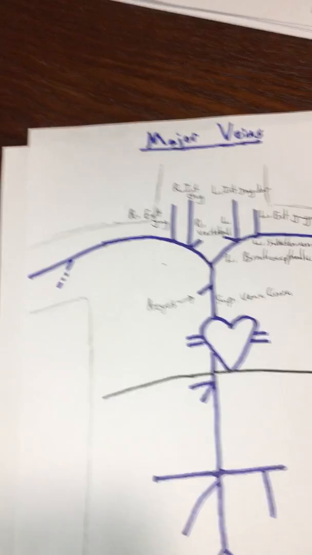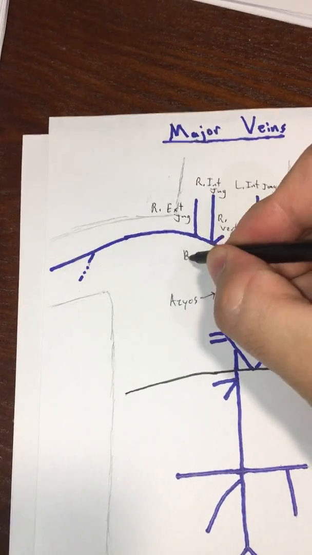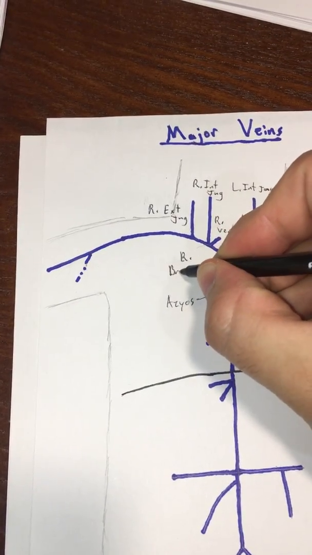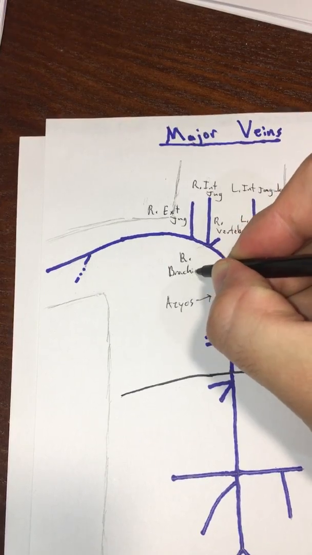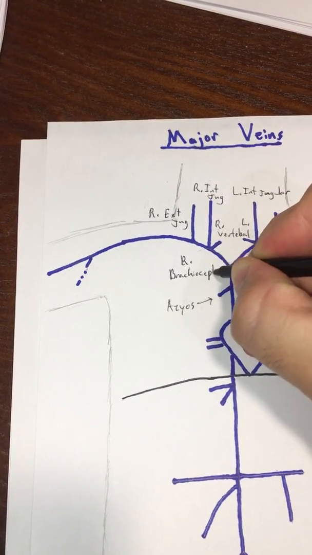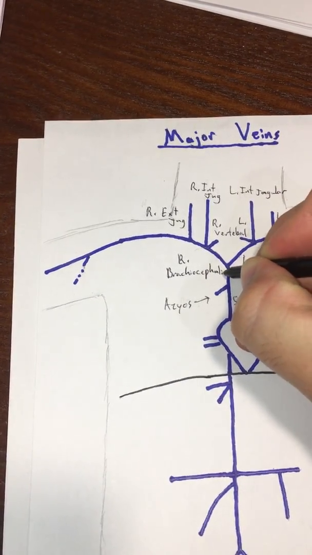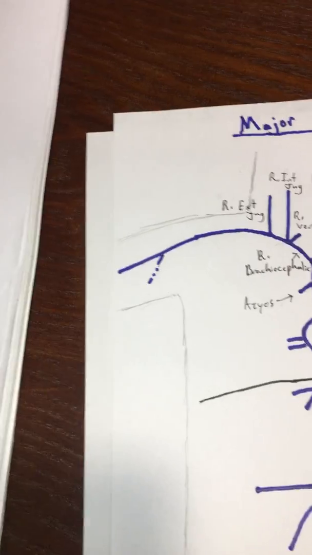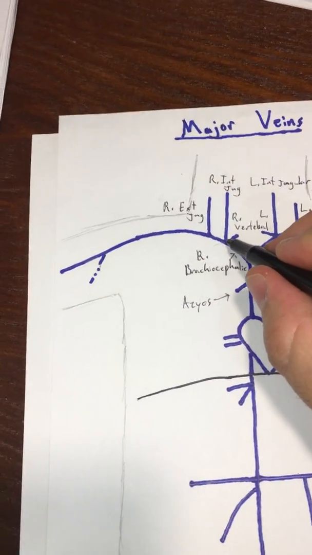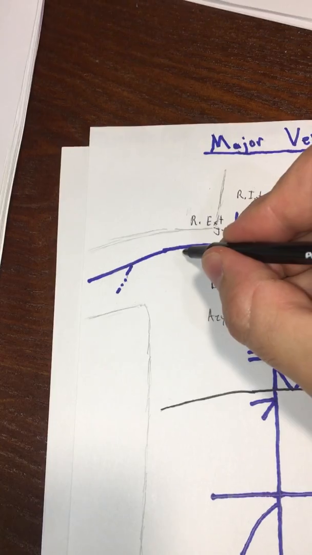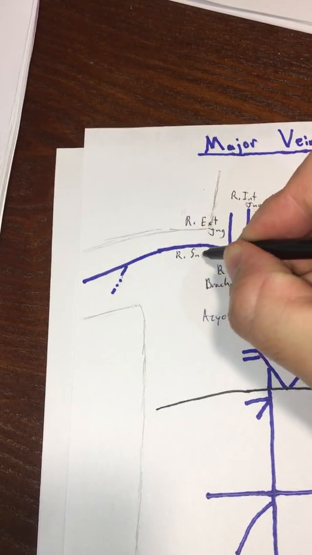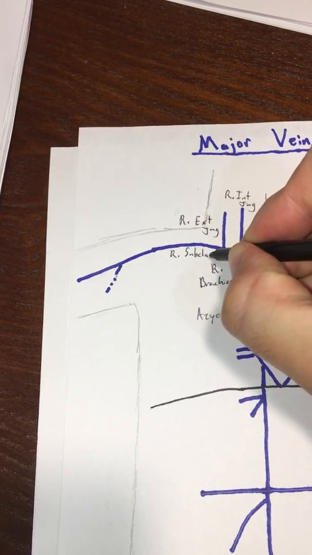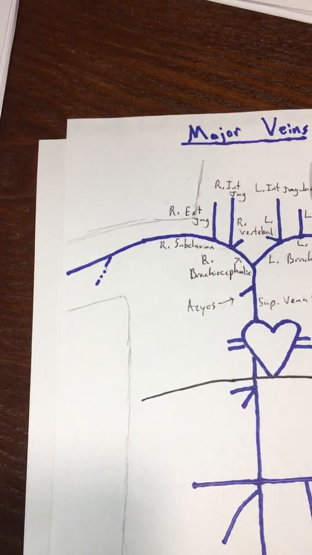Here we have, I'm just skipping around here, but it just mirrors the other side. Right brachiocephalic, right there. We already said that's the vertebral vein. So all of this right here would be the right subclavian vein.